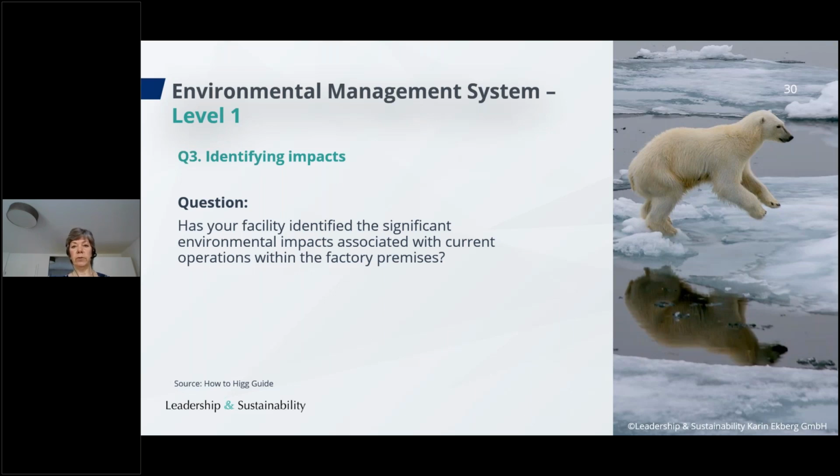Then on the other hand, what we sometimes also see is a very detailed approach where you basically go department by department and conduct a risk analysis. So in every department, you investigate all the different types of activities that are going on, and then you look at all of them individually and you check which impact they have on the environment.